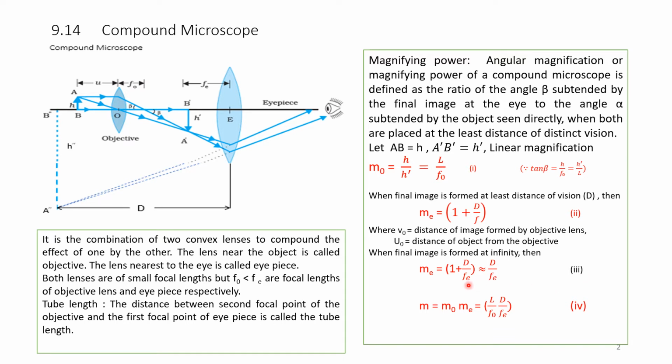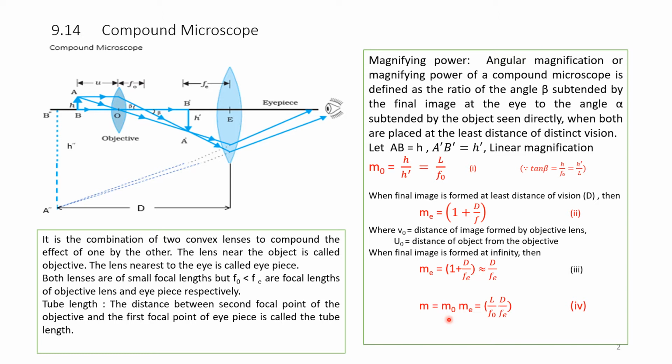The final magnification is given by M is equal to M naught, the magnification of the objective, into ME, the magnification of the eyepiece. From equation 1, M naught is equal to L by F naught, and ME is equal to D by Fe from equation number 3.